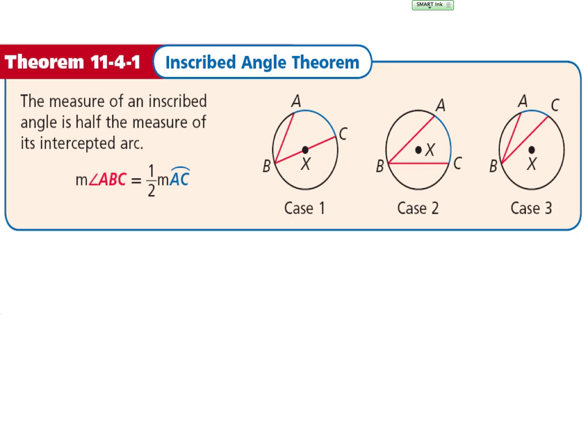On the circle. Okay, your conclusion, how do you get its measure? The measure of the angle equals 1/2 the measure of the intercepted arc, the arc that's inside it. So we'll put that up here as our type 2 inscribed angle.